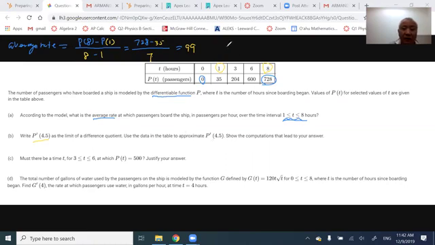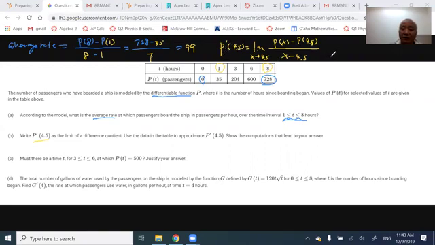The derivative at 4.5 will be the limit, right? As x approaches 4.5, you get P(x) minus P(4.5) divided by x minus 4.5, like that. So this is the general definition of derivatives.